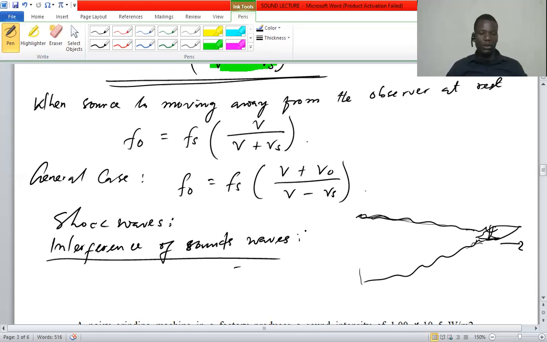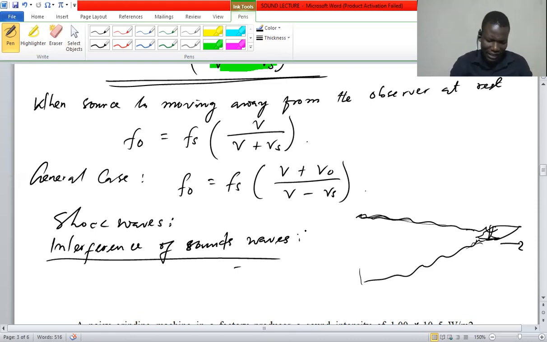And I remember we talked about two kinds of interference: constructive interference and also destructive interference. I believe you still remember about interference.